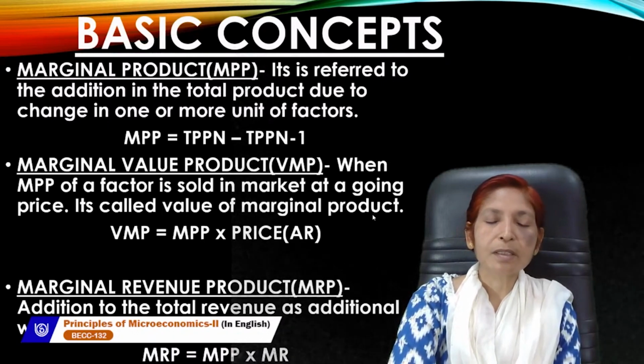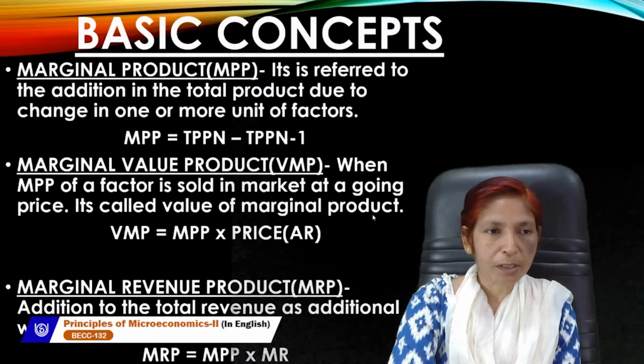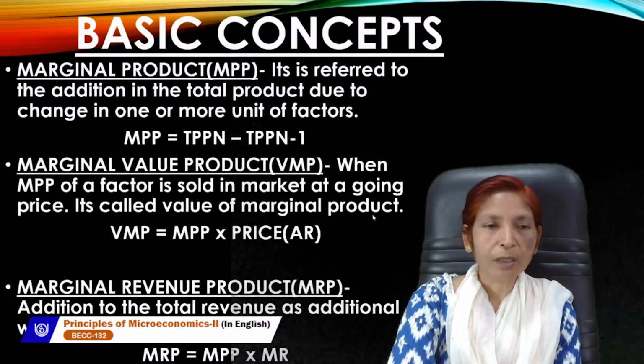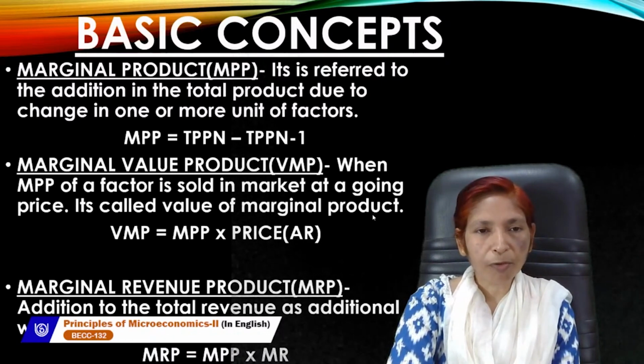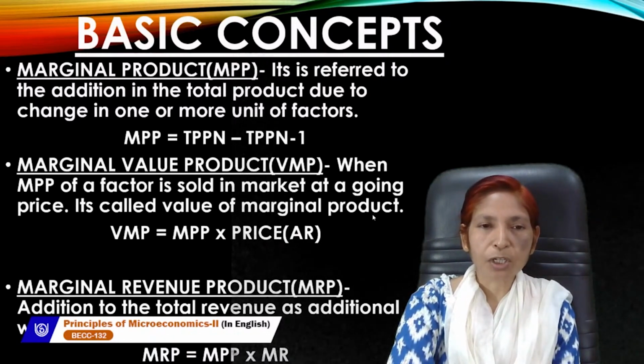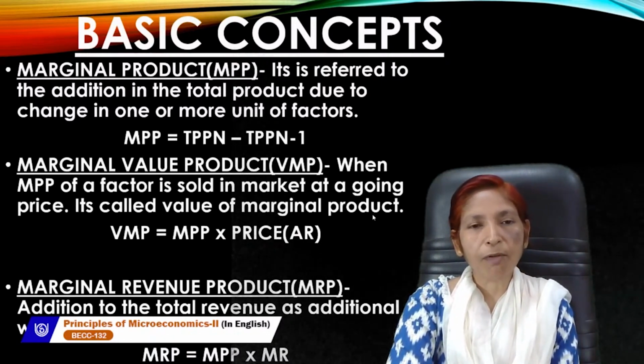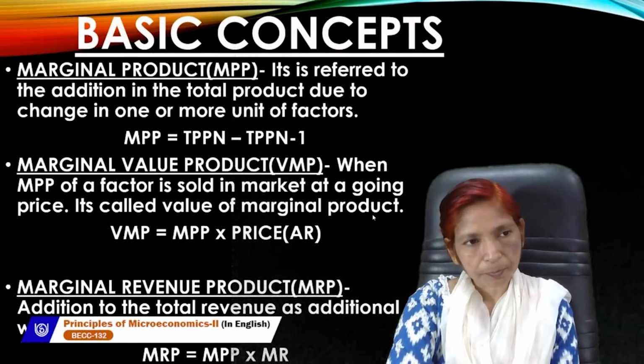So these three concepts are very important in the study of marginal productivity theory, because the factor price can be determined with the help of marginal product, or the contribution of factors in marginal production.